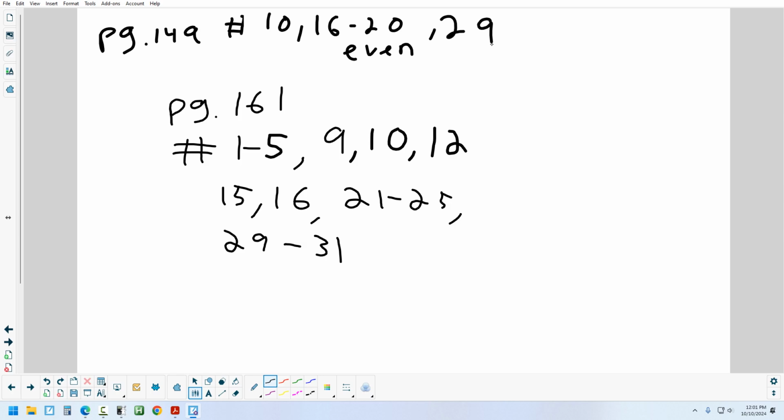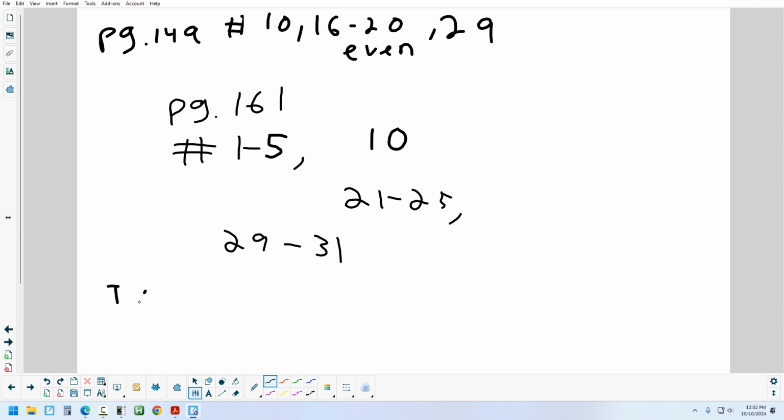Those are fine. So, number 9, 12. Okay, 21 to 22, that's looking at some pictures. 23 says find the end behavior type.